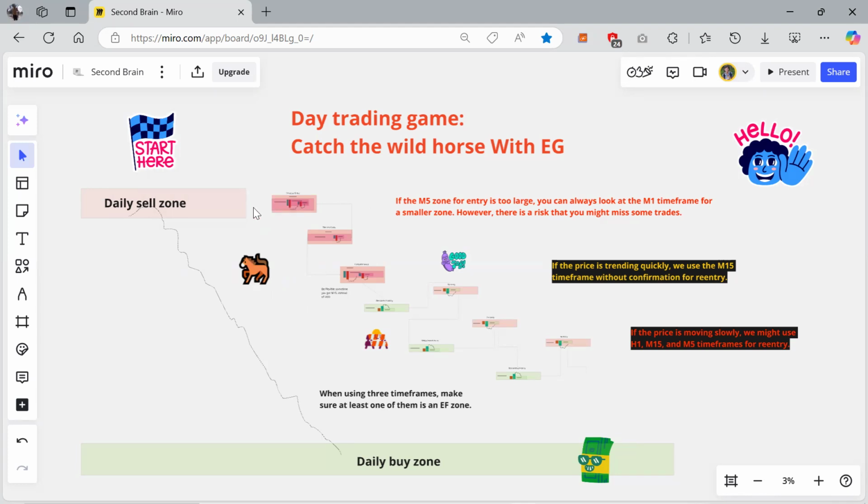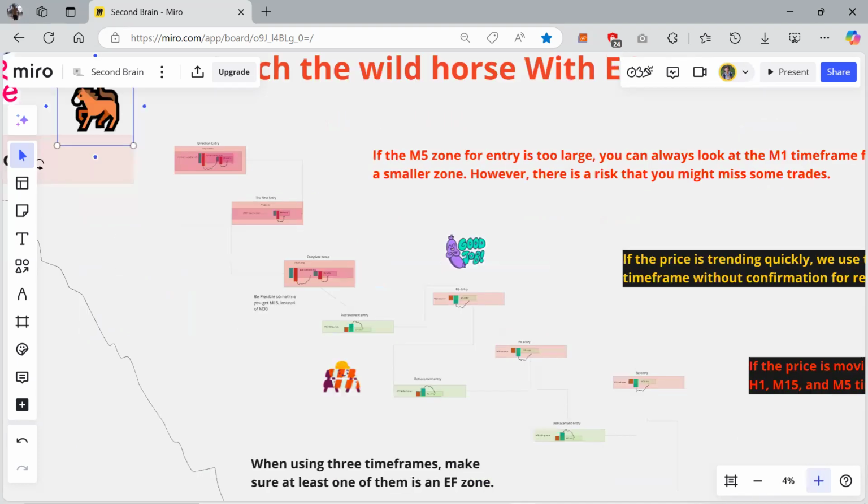And let's zoom in. Okay, let's say we start here. We start at the daily sell zone. Just imagine you know that the wild horse will come here. And when the wild horse is here, now we are going to zoom in.